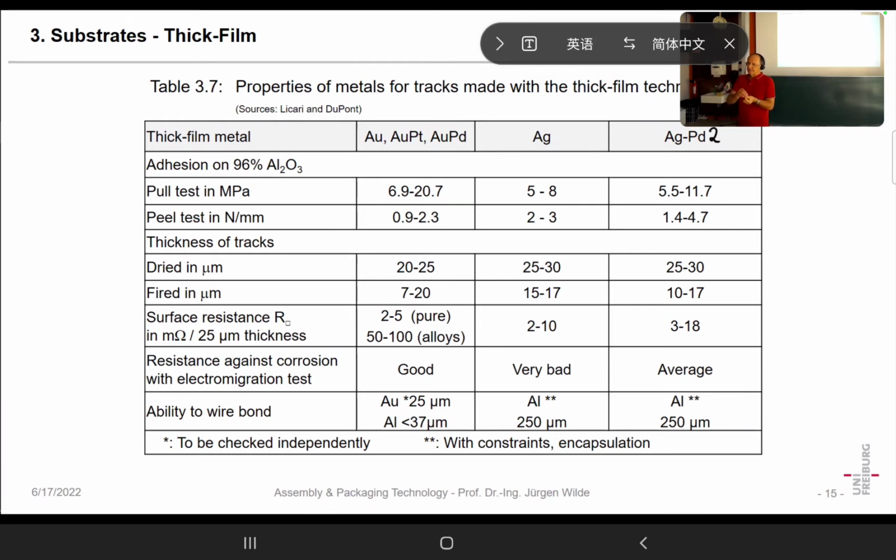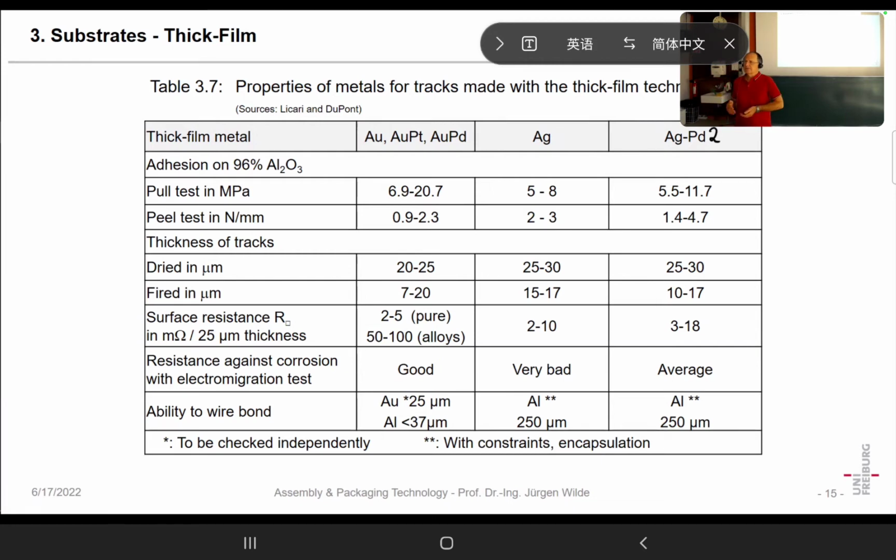If you have a silver palladium, it takes much longer until it is dissolved in the tin. And that's the reason when we solder onto such substrates, we often use silver palladium.